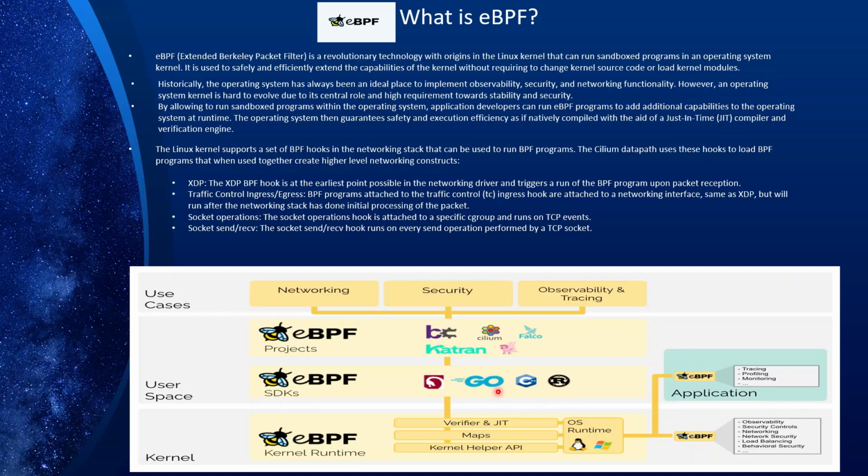Again, this is beyond the scope of this course, but let's mention that these SDKs are available for you to write your eBPF application. It also mentions some of the projects. Obviously, Cilium is one of them, and Calico also supports eBPF, but I don't believe it's as extensive as Cilium yet, but they are also working in that space.